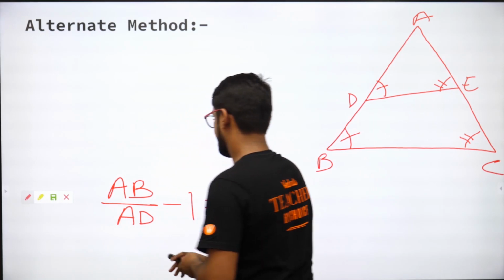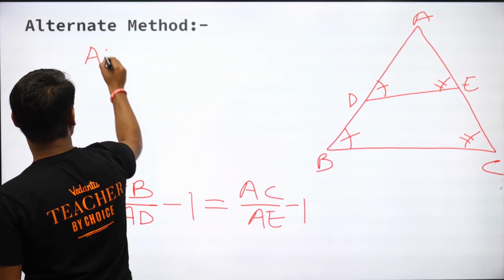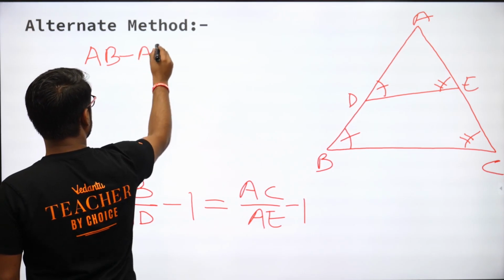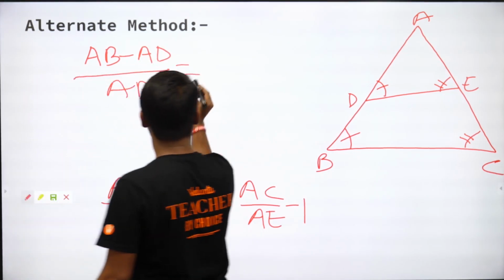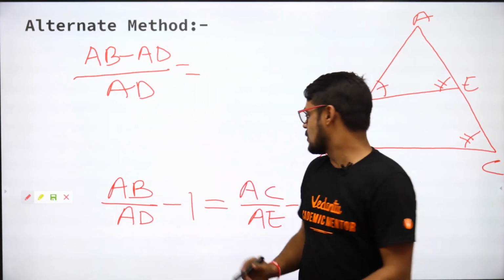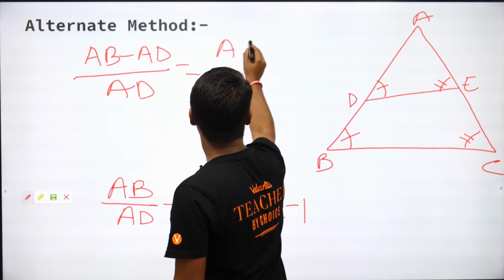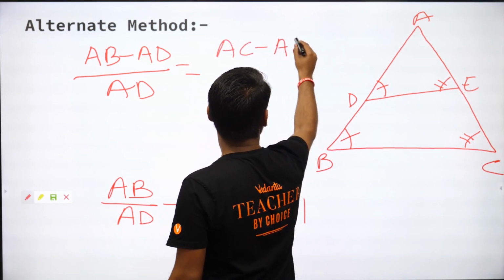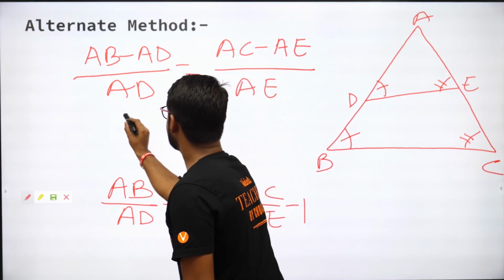So from here, what do we get? AB minus AD upon AD is equal to, RHS वाला आंसर आप लोग दो. Hey, you all are giving the right answer. That is AC minus AE upon AE. And what is that?